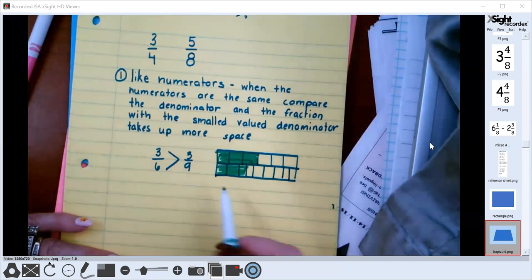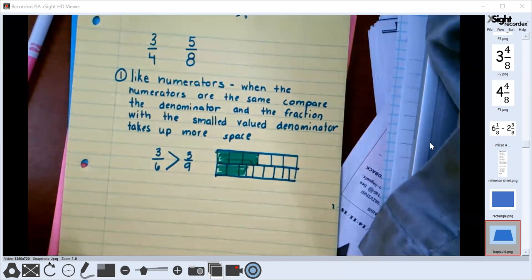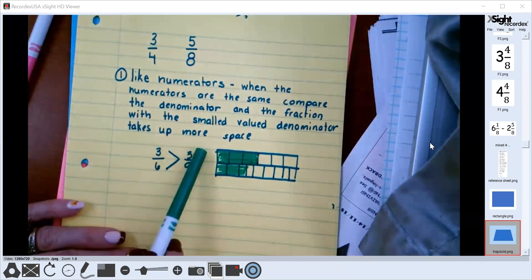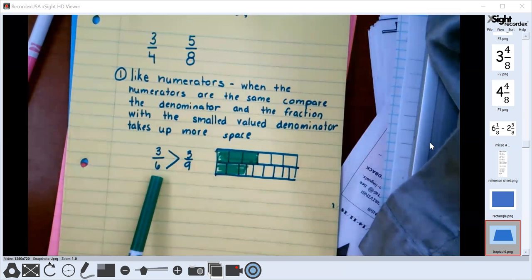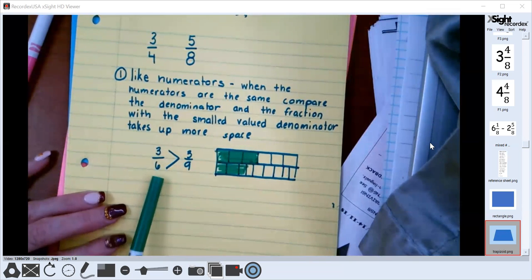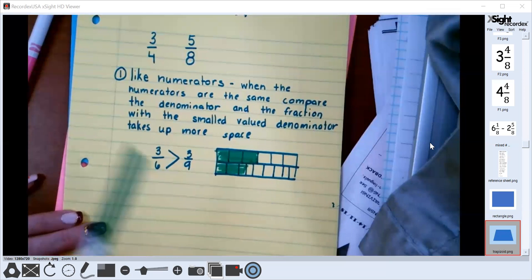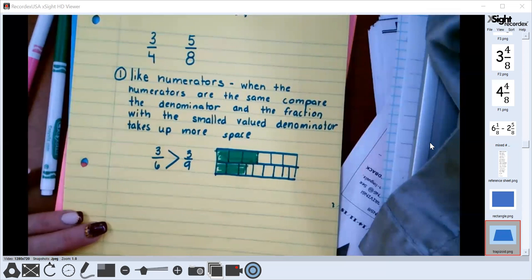I can compare them that way. But using the rule of the numerators being the same, looking to the denominators and the fraction with the denominator that is of smaller value is much easier than trying to draw it out.